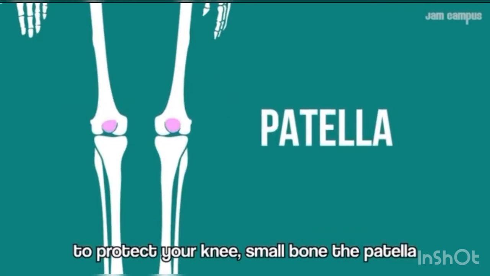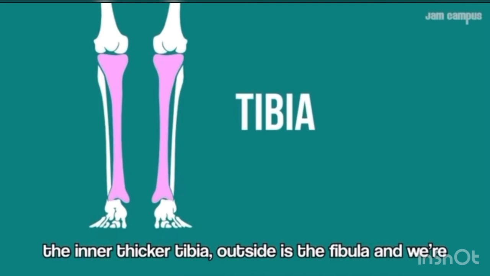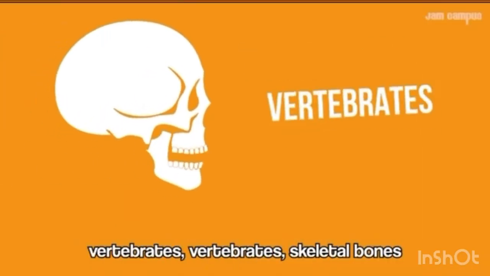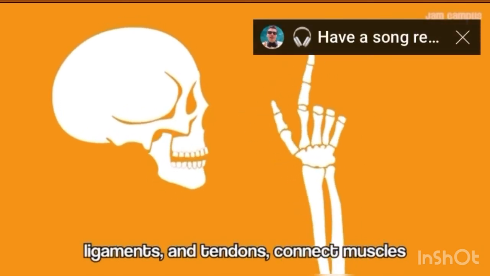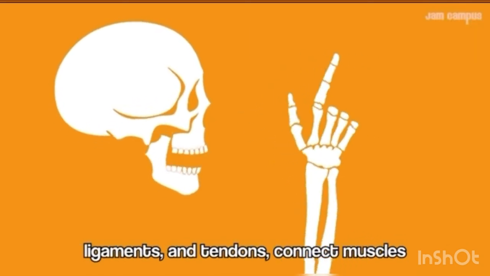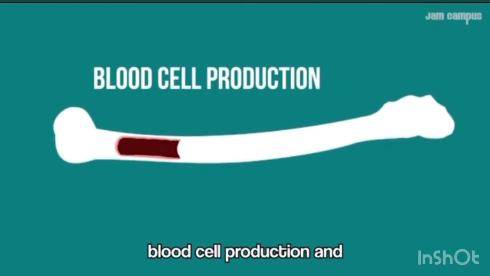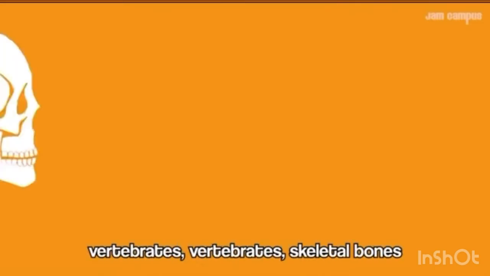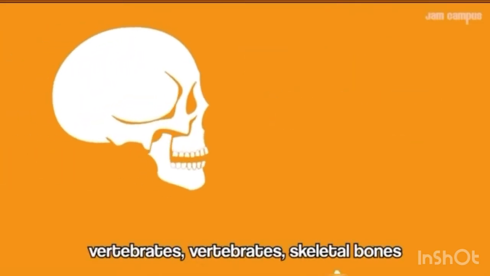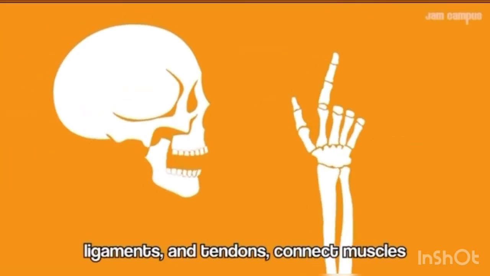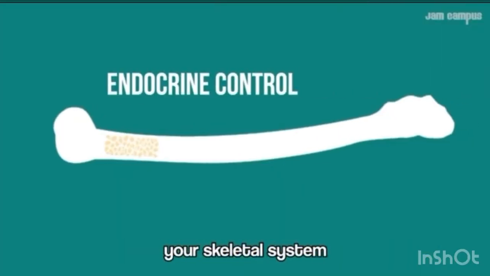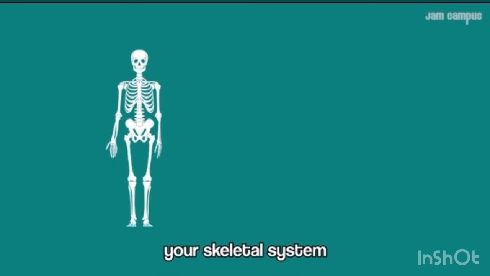To protect your knees, a small bone, the patella. The inner, thick tibia, and outside is the fibula. Vertebrates, skeletal bones, ligaments and tendons connect muscles, blood cell production and storing calcium, endocrine controlling your skeletal system.